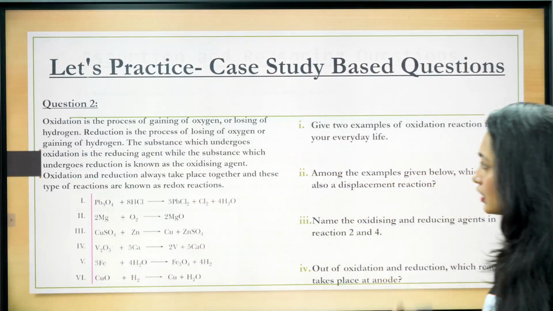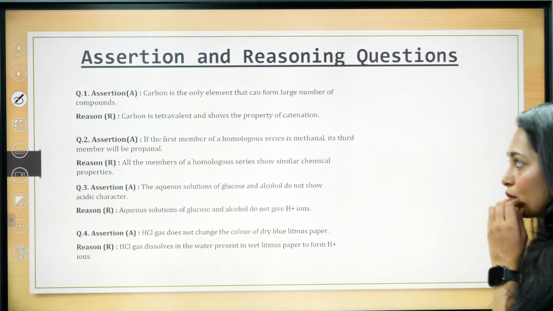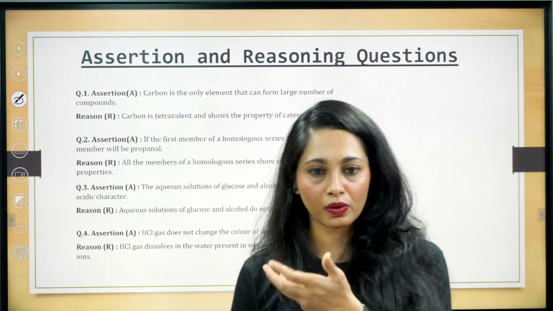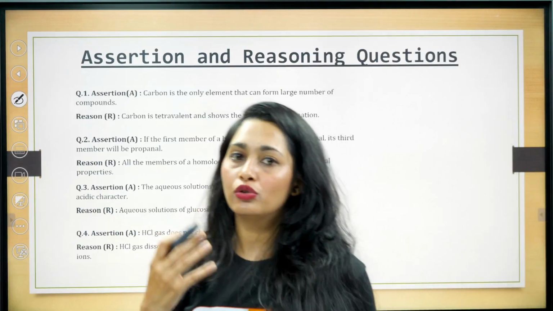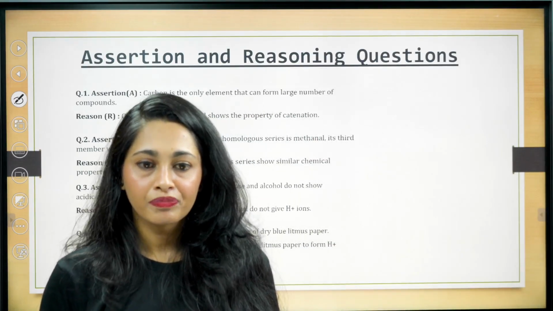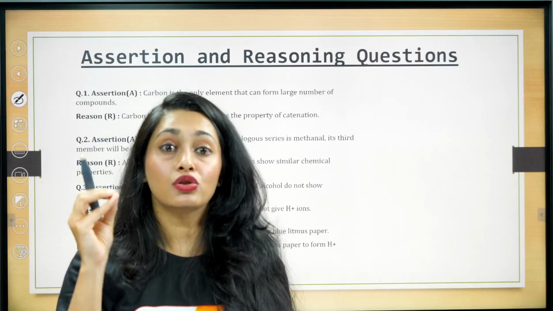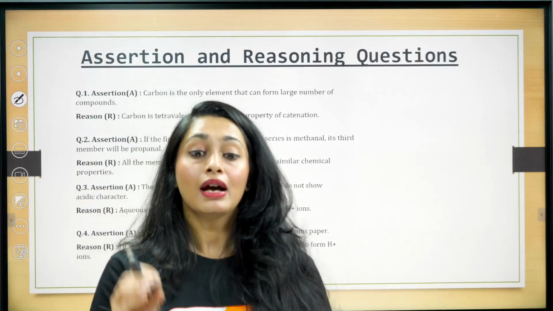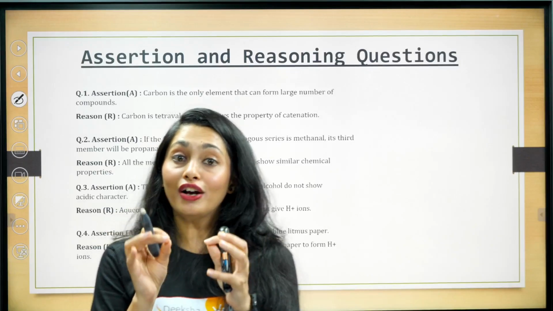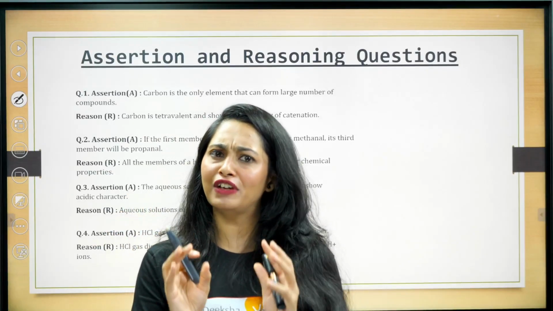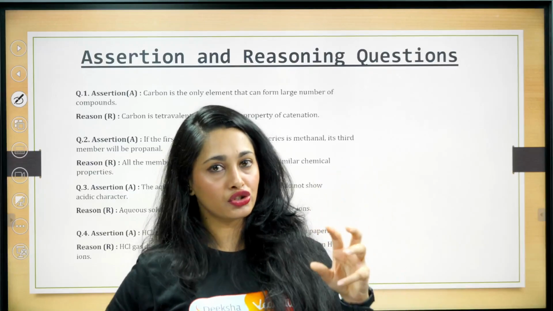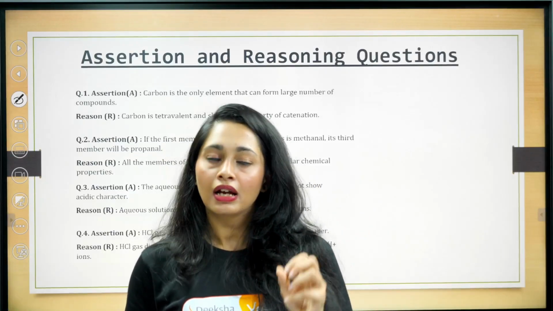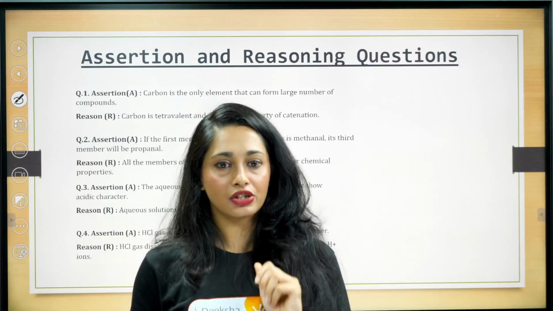Okay. So next, assertion and reasoning question. This is one of the types of competency-based question. They will give assertion and reason, and they'll give you 4 different options. Whenever you are solving assertion and reasoning question, please make sure to not look at the options, because options are very, very confusing. How are they going to ask? Assertion is true, reason is true, reason is the correct explanation for assertion.